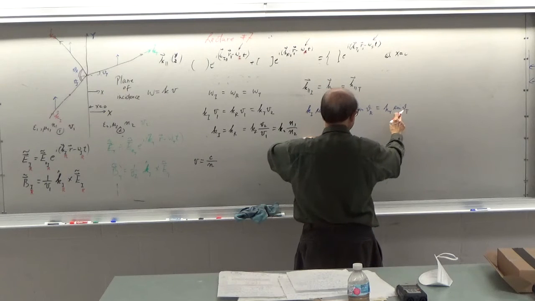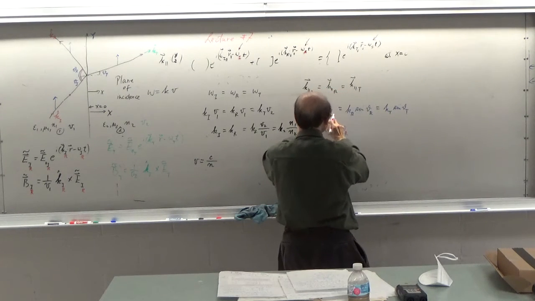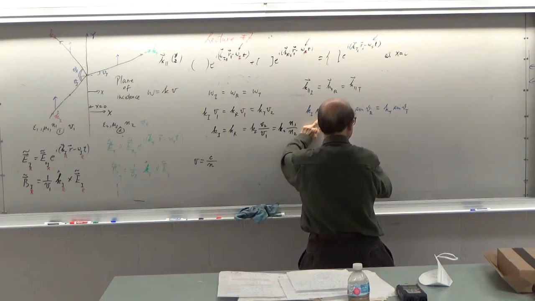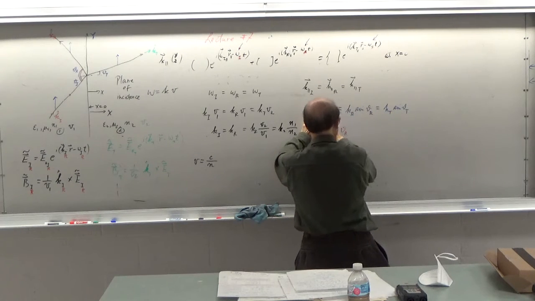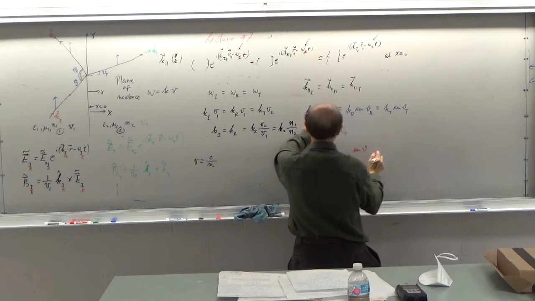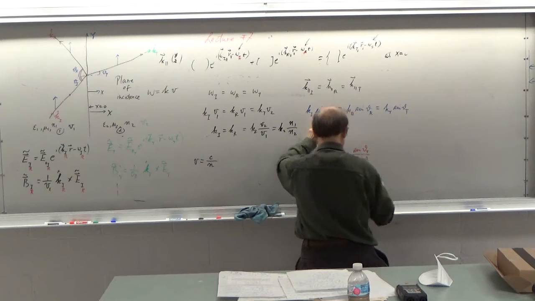Furthermore, ki sine theta I is equal to kt sine theta t. So ki over kt, if I put this to the other side, is equal to sine theta t divided by sine theta I.